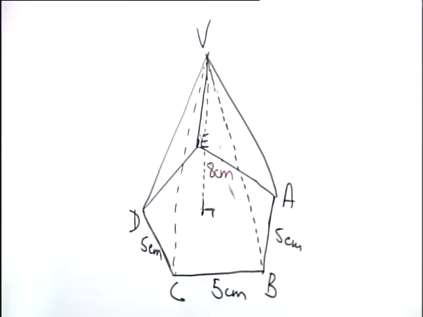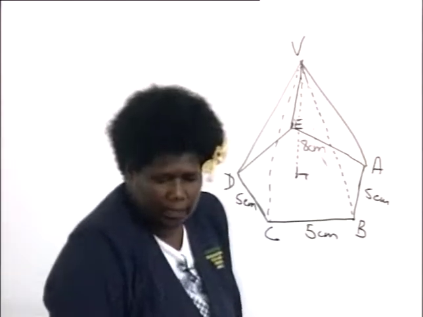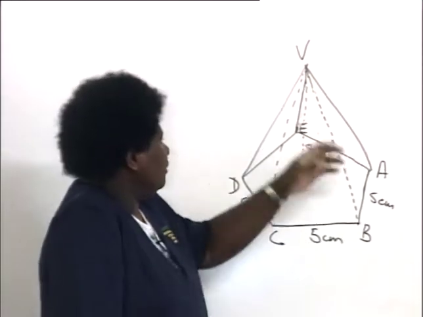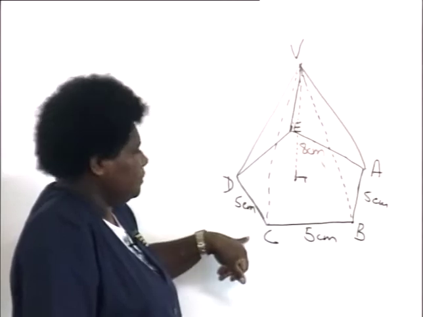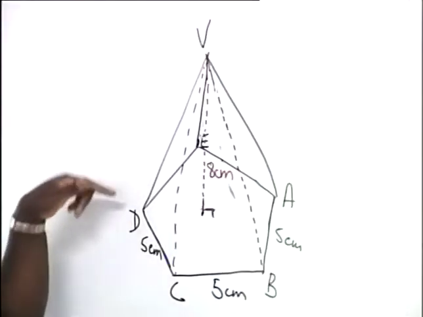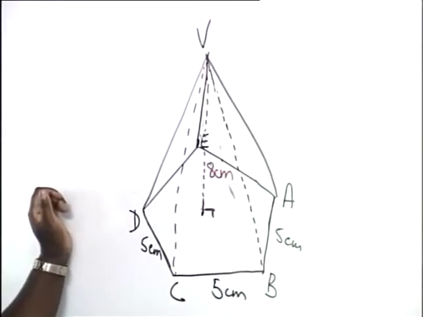Now the first question we are asked to do is to find the length of the edge VA. From what we know, VA is the same as VB, which is the same as VC, which is the same as VD, and they should be longer than 8 centimeters.